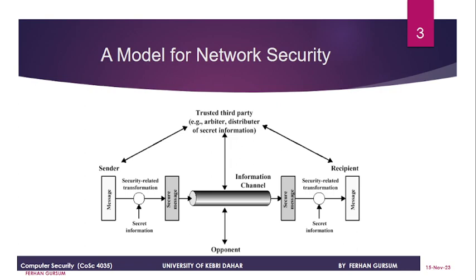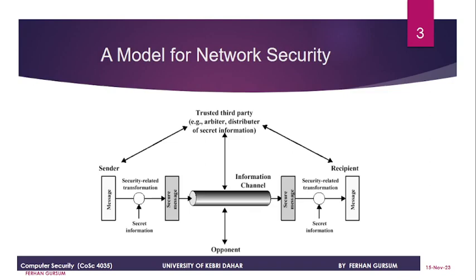He wants to send secret information to a receiver. So when the sender sends the message, it passes through an information channel. As this information channel is connected, a lot of things can happen at transmission time.